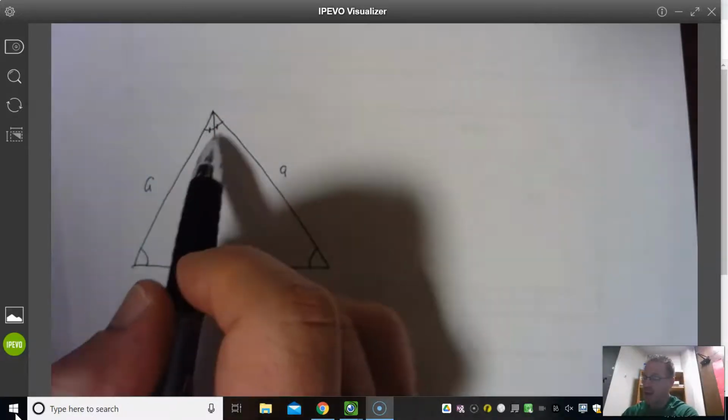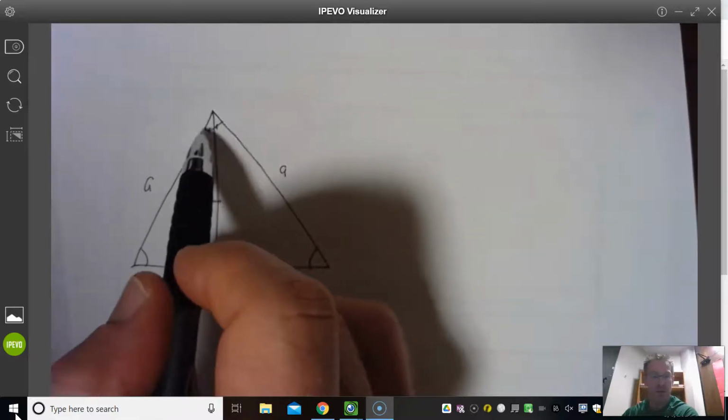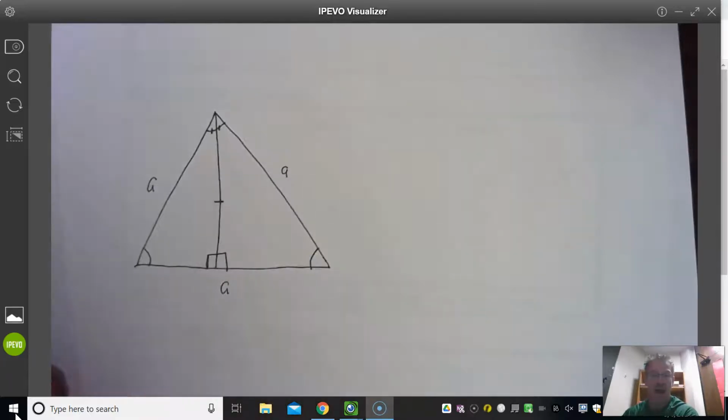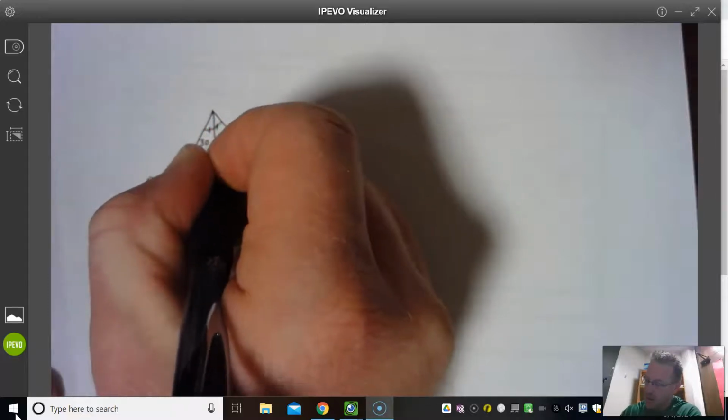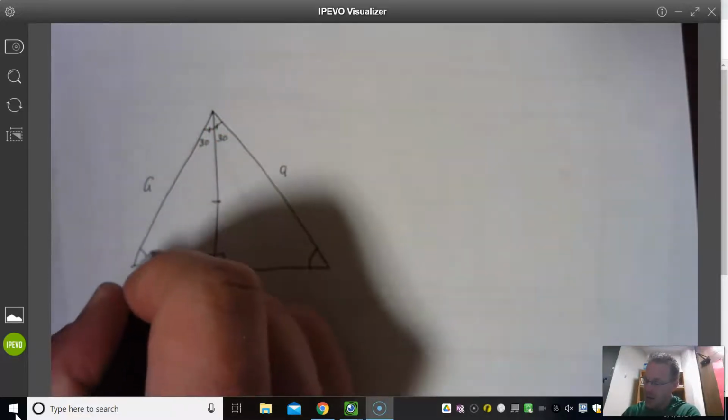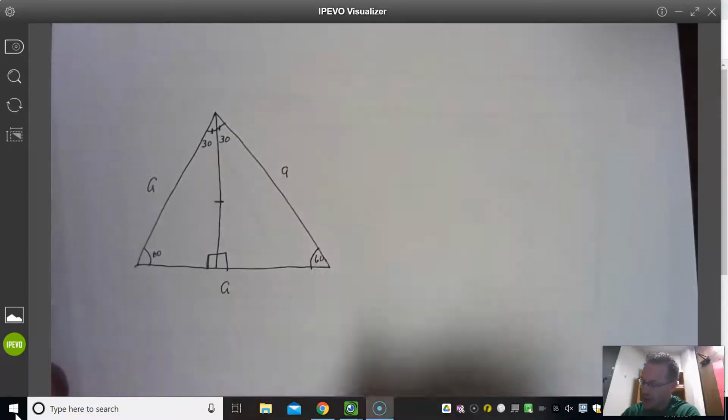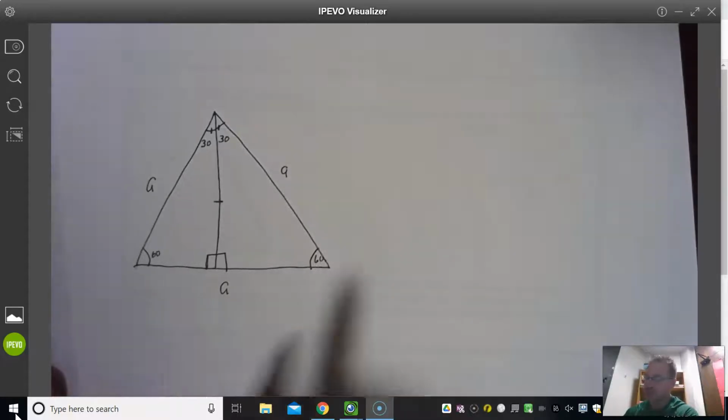Well, this angle to start with had to be 60, and now we have it cut in half, because they have to be equal to each other. So that means that this is 30. This is 30. That means this is 60. This is 60. Now we're getting there.